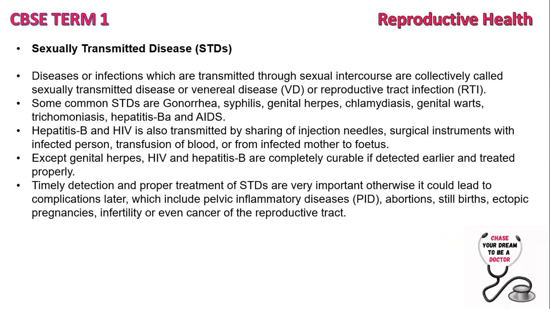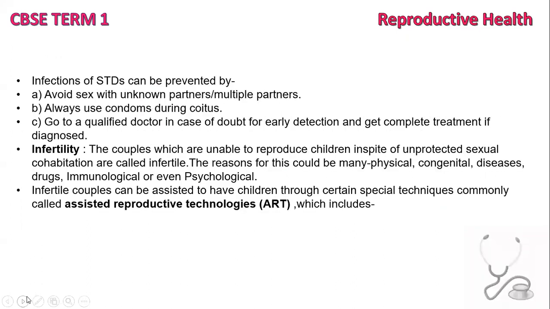Genital herpes, HIV, and hepatitis B cannot be cured even if detected earlier, while all other STDs can be completely cured if detected earlier. Some of the complications, if they are not detected earlier, are pelvic inflammatory disorders, abortion, stillbirth, cancer, ectopic pregnancies, and infertility as well. What are the methods?